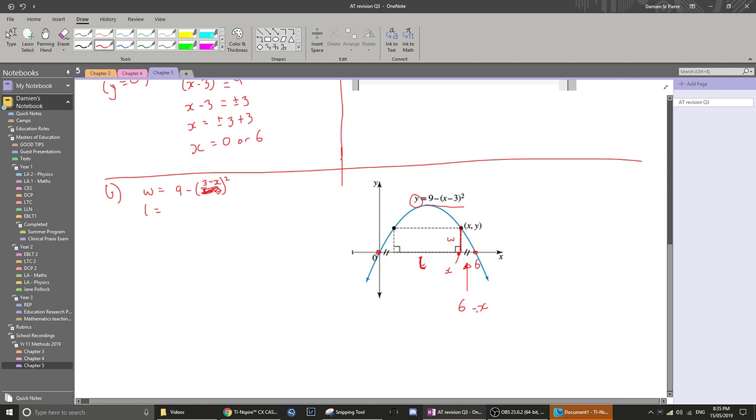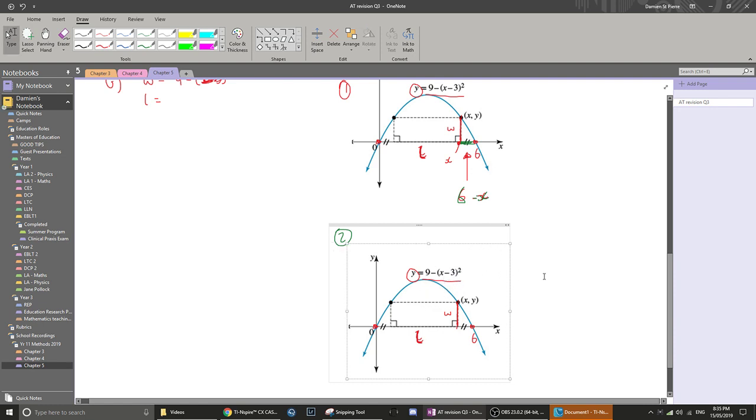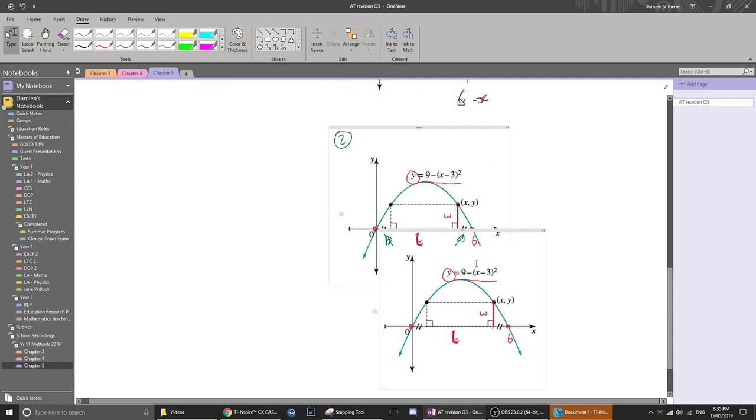That bit there is 6 minus x, little length. Mental step 2 is that that bit there and that bit there are the same. Mental step 3.